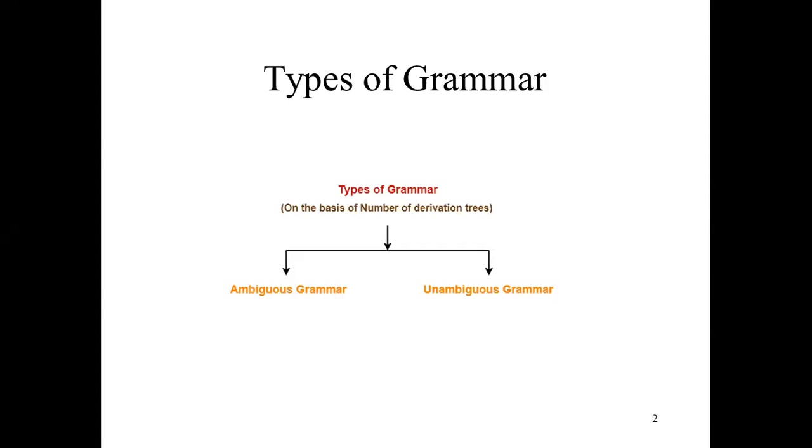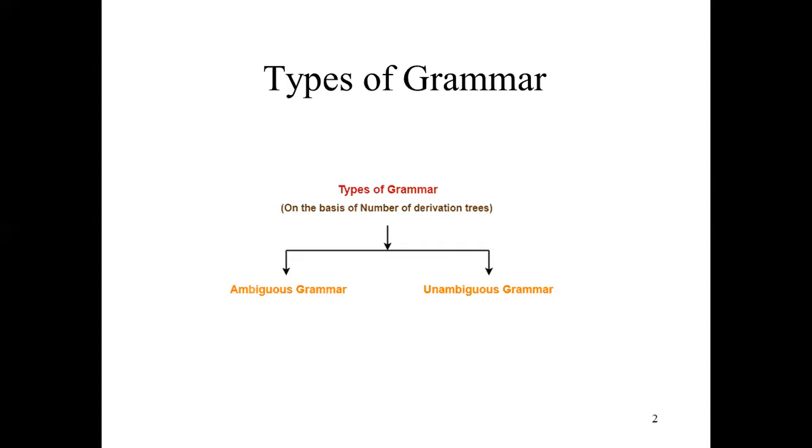its own grammar. So the types of grammar here we will decide on the basis of the number of derivation trees. First is called the ambiguous grammar and another is called the unambiguous grammar. We always use unambiguous grammar.